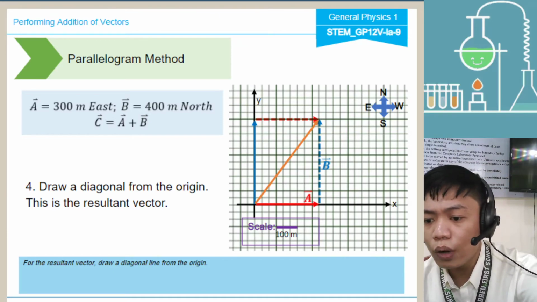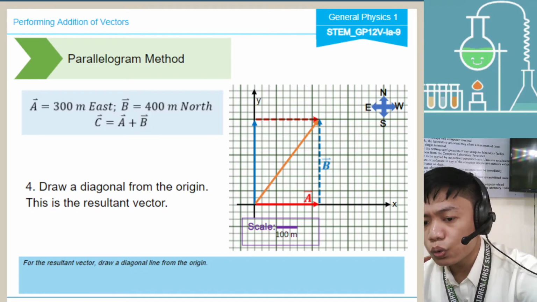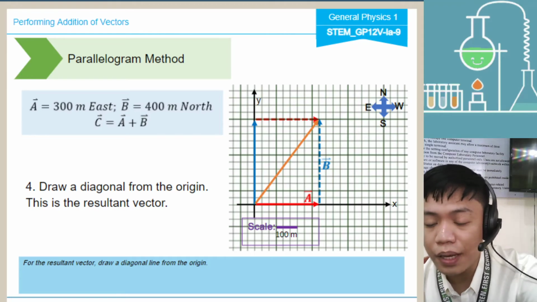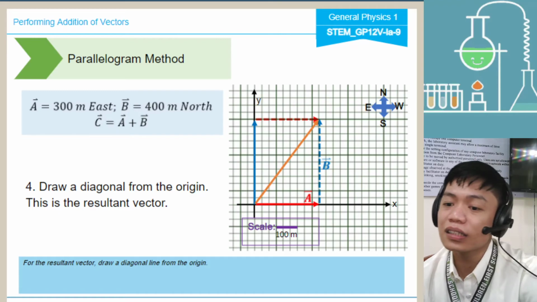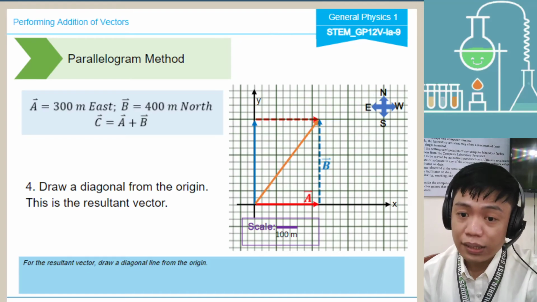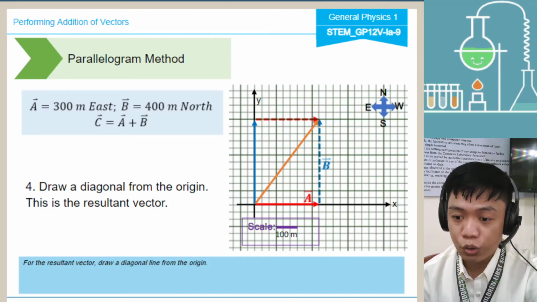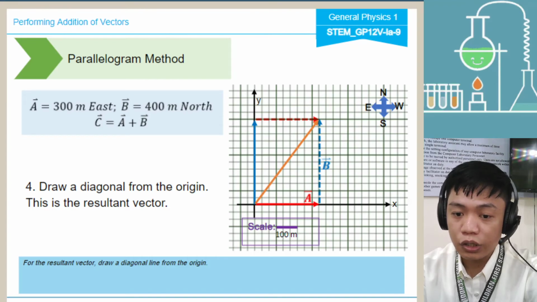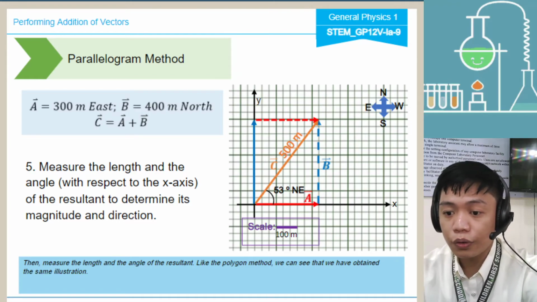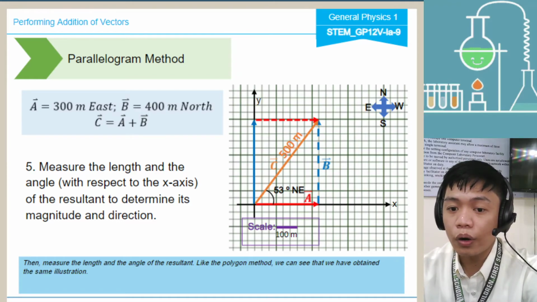So how do you differentiate the first method from our second method? Basically, they are just similar, but in the parallelogram method, you just have to make a parallelogram structure or illustration. So that is how we identify the resultant vector from the given data.